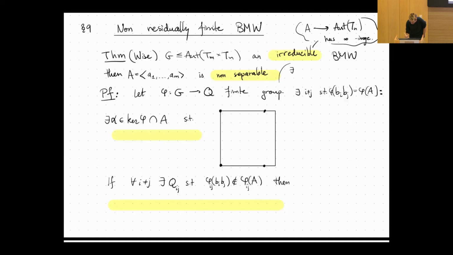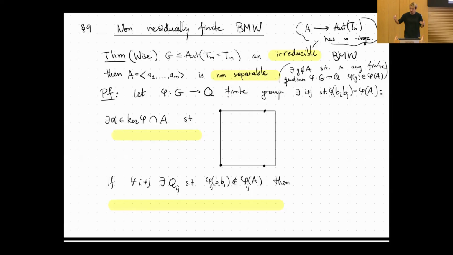So here I want to say there exists an element, g, outside A, such that in any finite quotient of G, phi of g will belong to phi of A. So in the finite quotients, I cannot separate it from the image of A. It turns out to be the same as what I said before about intersecting finite index subgroups. I'm just saying there exists one element that you cannot separate from A.